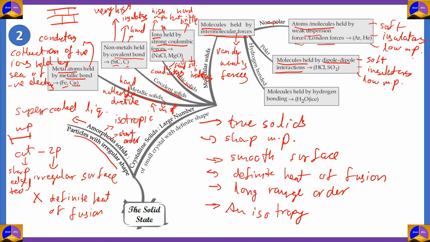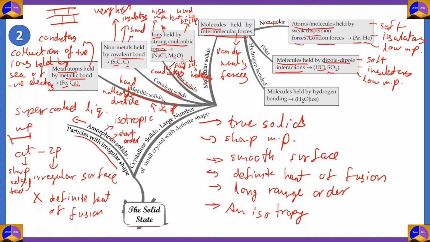However, it's not as low as nonpolar molecular solids. Examples for nonpolar molecular solids involve noble gases such as argon and helium in their solid state, and molecules held by dipole-dipole interactions include water, hydrochloric acid, sulfur dioxide, etc.